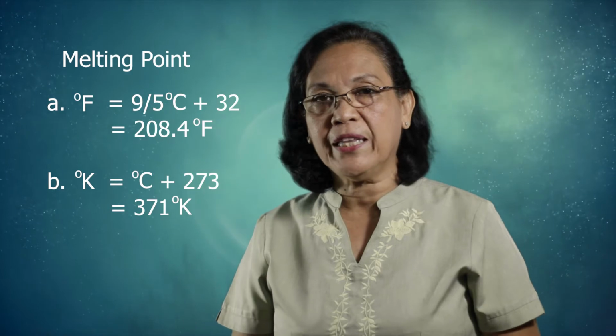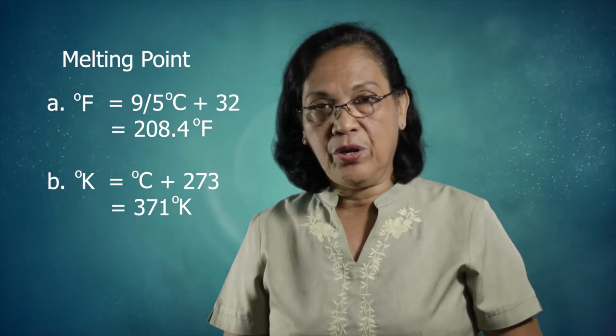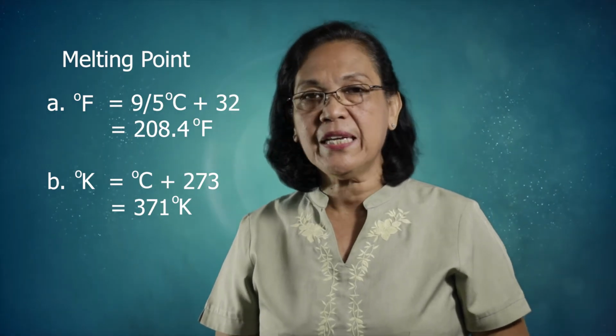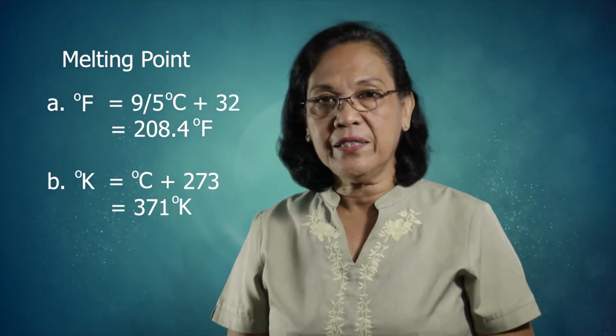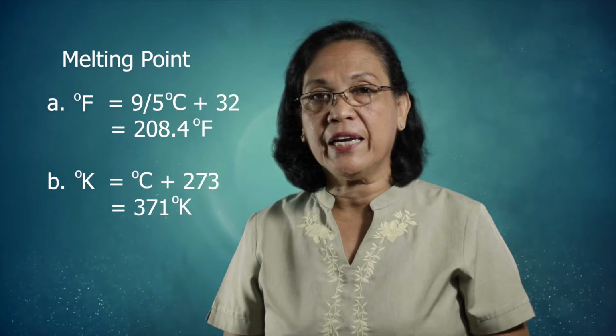So for the melting point of the sodium metal, convert the 98 degrees centigrade to Fahrenheit. So you use the formula degrees Fahrenheit equals 9/5 times degrees centigrade plus 32. And the answer is 208.4 degrees Fahrenheit.